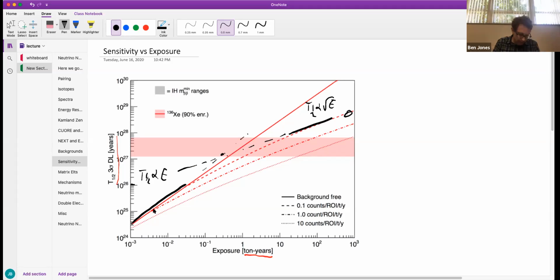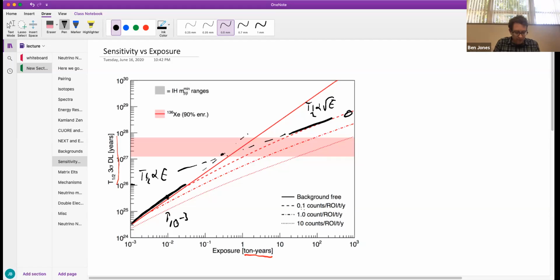And so what's happening here is that down in this regime, you have some level of background in this experiment, 0.1 counts per ROI per ton per year. When you have very little exposure in this apparatus, when you've only run this for something like 1/100th of a ton year, if your expected background level would be 0.1 per ton year, then the expected amount of background that you would have collected here would be like 10 to the minus 3 events.